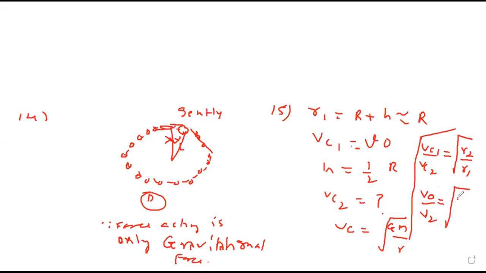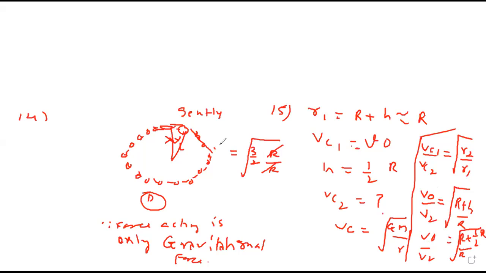Radius of orbit of the second is R plus h, first is R. So V naught upon Vc2 is root of R plus half R divided by capital R. R plus half R will become 3 by 2 R divided by R in root. This is V naught upon Vc2. So Vc2 will be root of 2 by 3 into V naught. That is nothing but option A. Everybody has followed this, Aryan? Yes, sir. Okay.